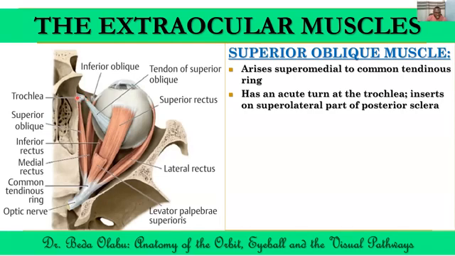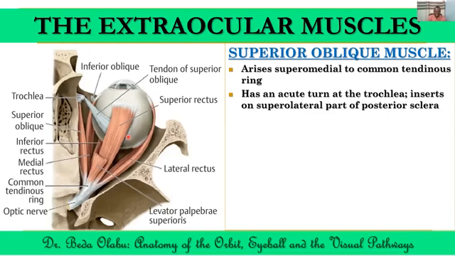And so that makes the tendon turn less than 90 degrees and go backwards to the eyeball to insert on the superolateral aspect. Now remember, it's superior and lateral. Superolateral aspect of the posterior sclera, which means that it inserts behind the equator of the globe.